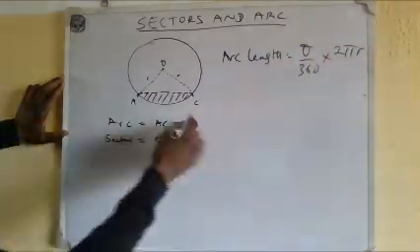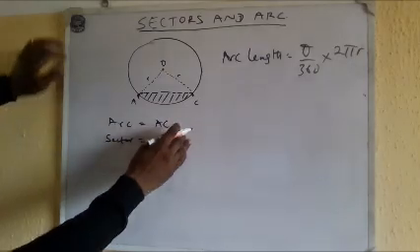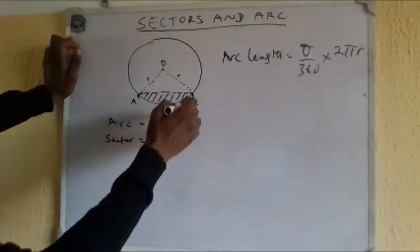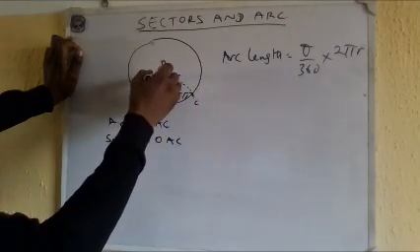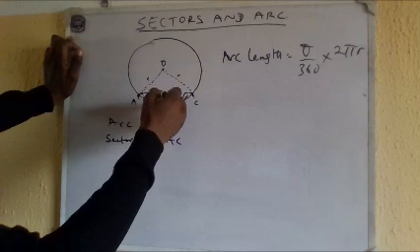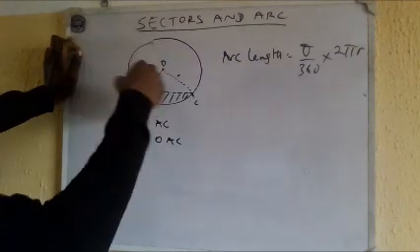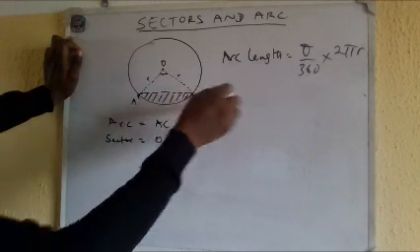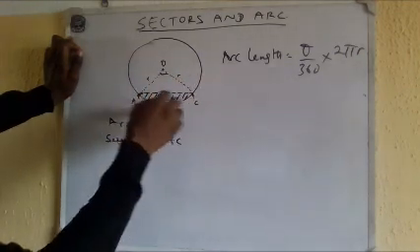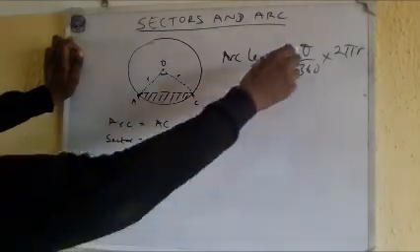Why are we doing that? If this is the arc AC, the arc length is just the length between A and C, and you need to find the circumference first and use this angle to divide the portion where the circumference forms the arc. So that is why we're having theta.